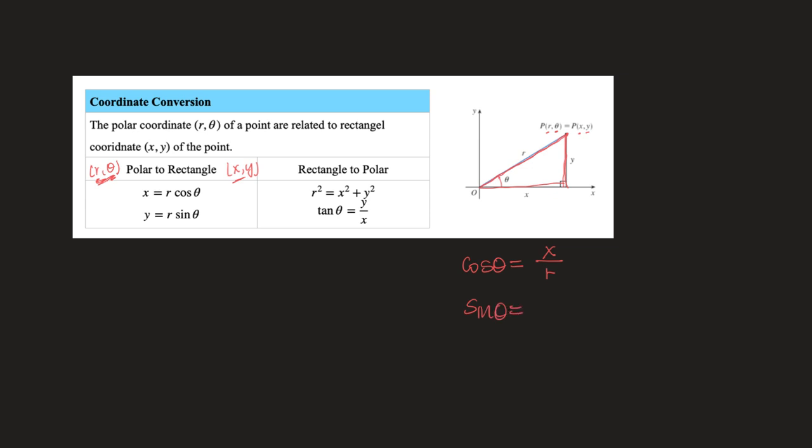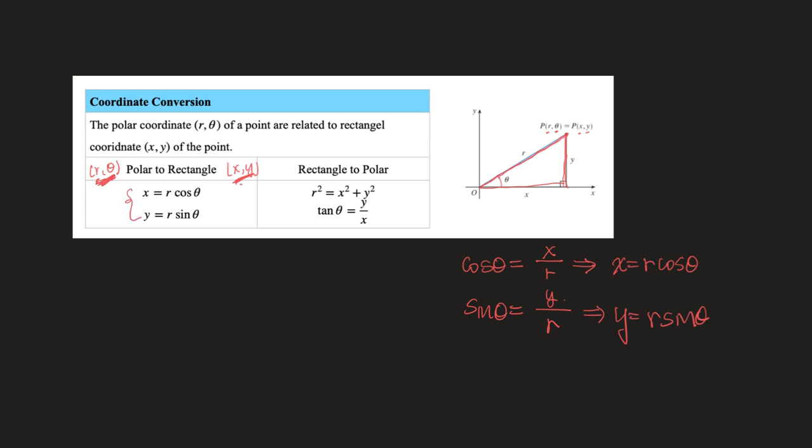Sine theta is y over r, opposite over hypotenuse. Multiplying both sides by r, x equals r cosine theta and y equals r sine theta. So when you're given r and theta, you can find x and y this way.